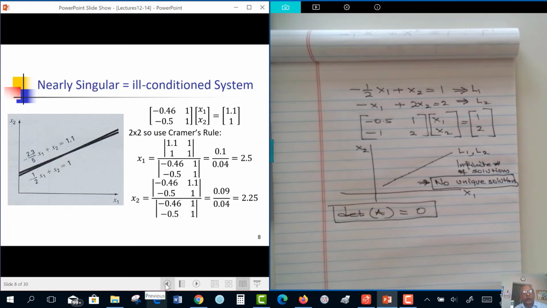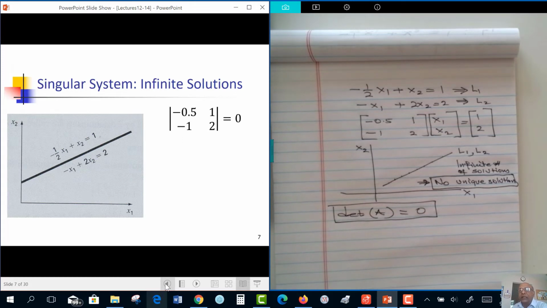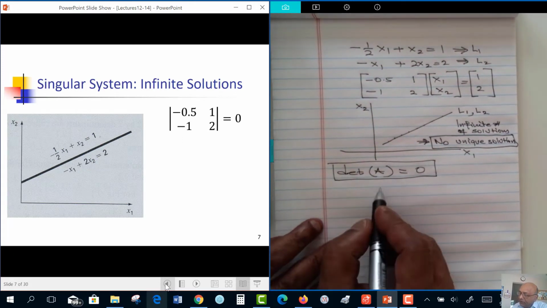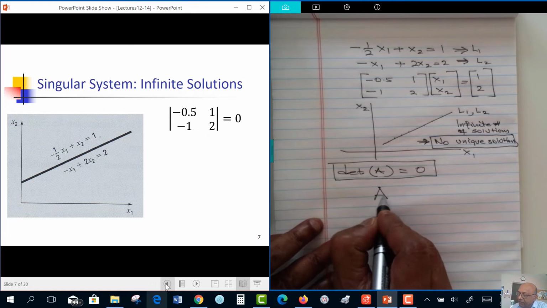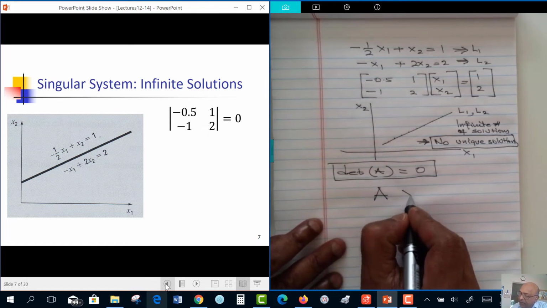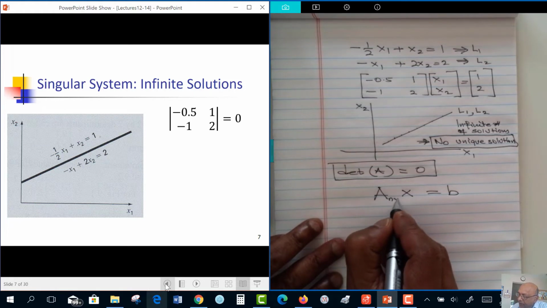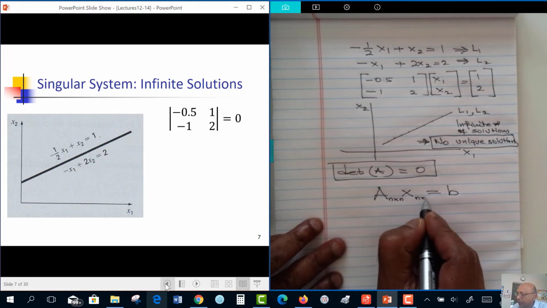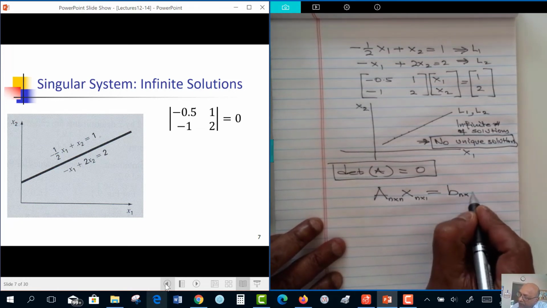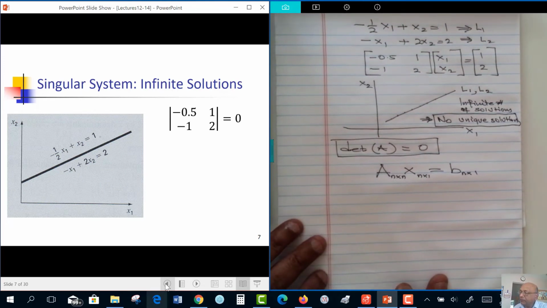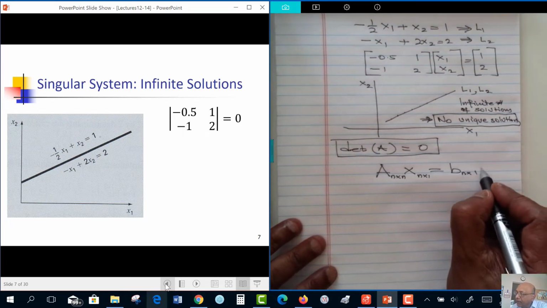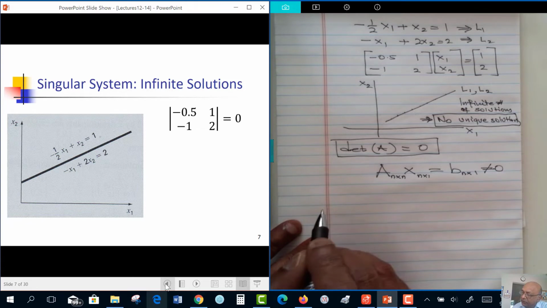So before we move on, let's kind of summarize. If we have A times X is equal to B, n by n, n by 1, n by 1, and we are assuming B is not 0.